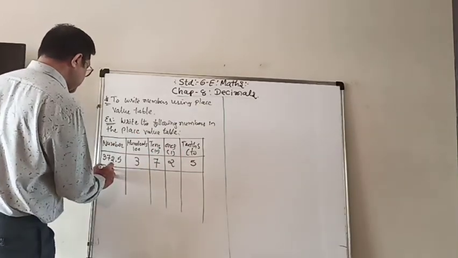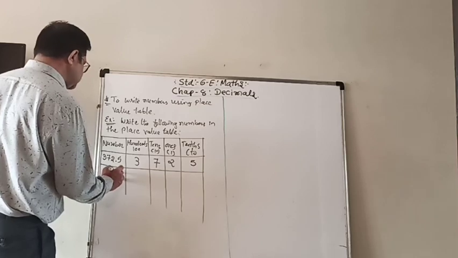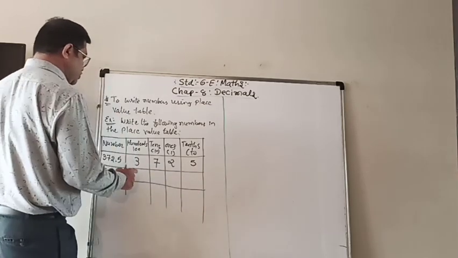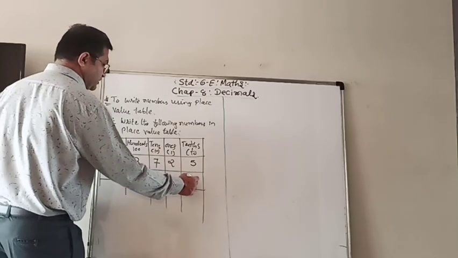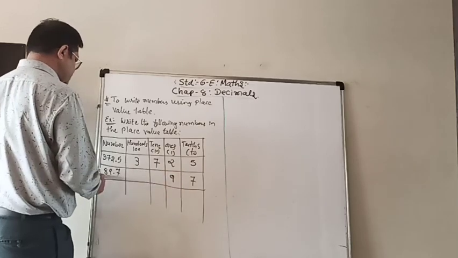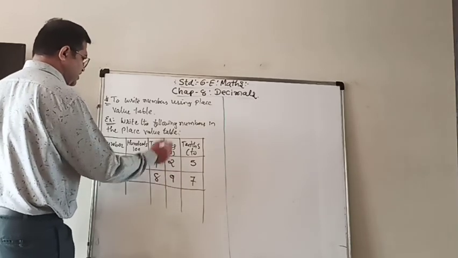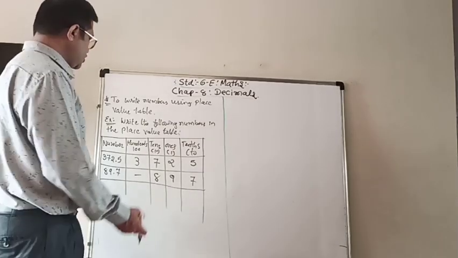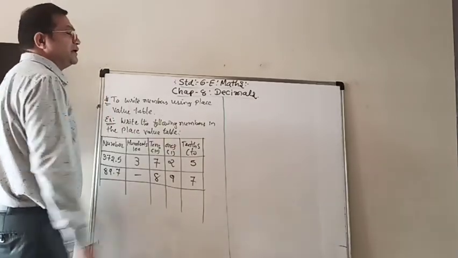Let's take another number, 89.7. Here you can see that 7 will come on that side, 9 is in the ones place, and 8 is in the tens place, and there is no number in the hundreds place because it is up to tens only.